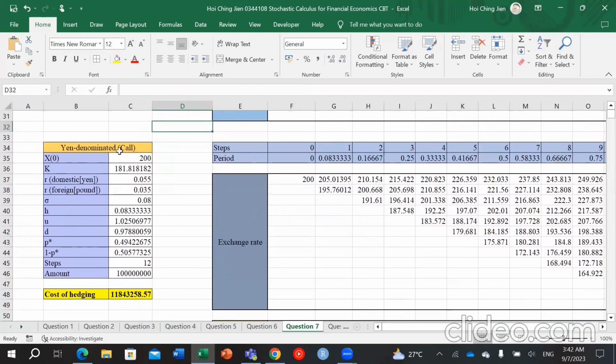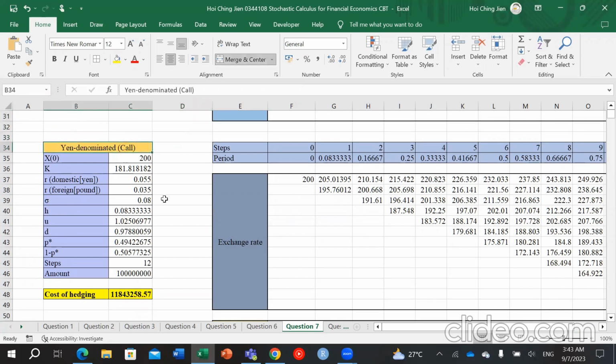And then for yen denominated, we have to assume ourselves as Japanese. So to get the yen 100 million, we have to buy, so we have to use the call option to exchange for the foreign currency.